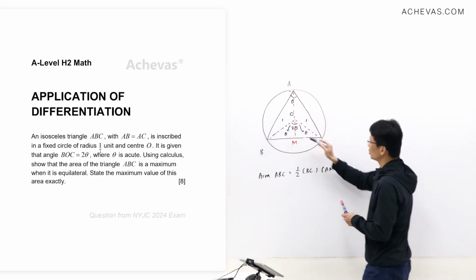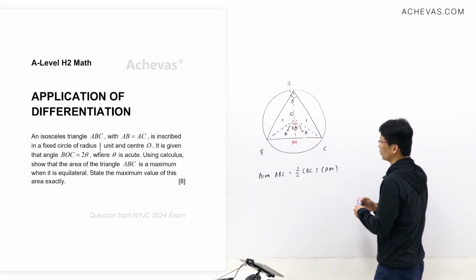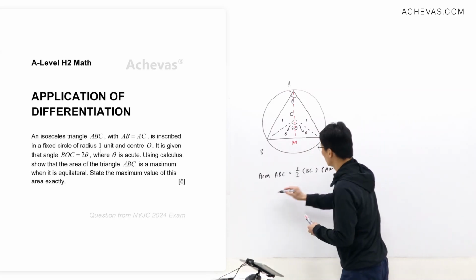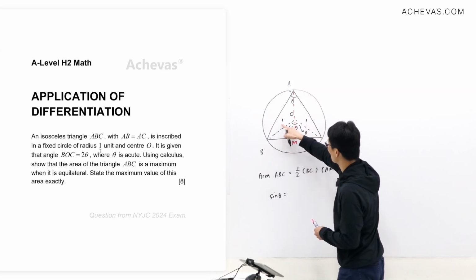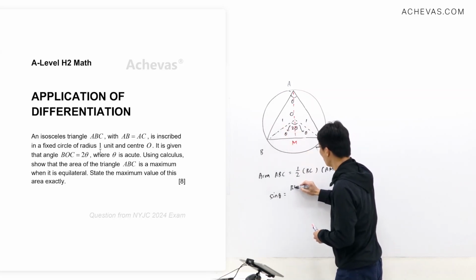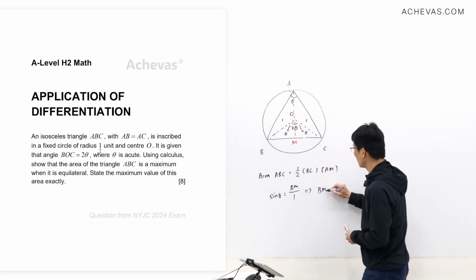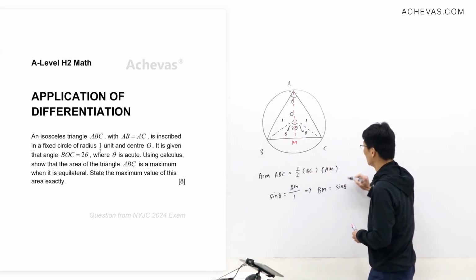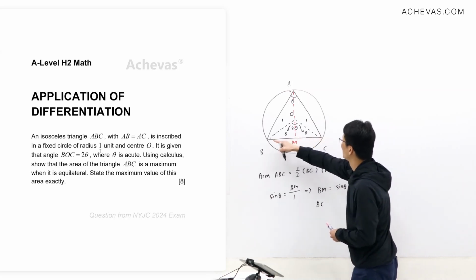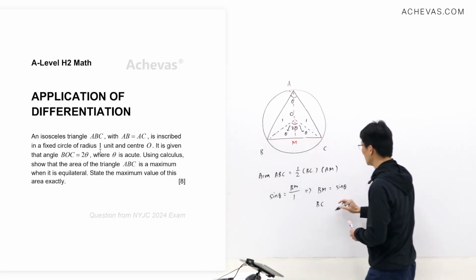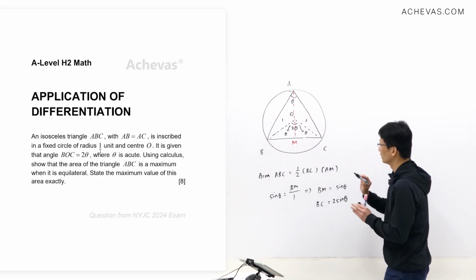Now, observing this small triangle here, we can use our trigonometry ratio, which says that sine theta is equal to opposite over hypotenuse, which is BM over 1. So BM is equal to sine theta, and BC, the entire base of the triangle, is twice of this, which is 2 sine theta.